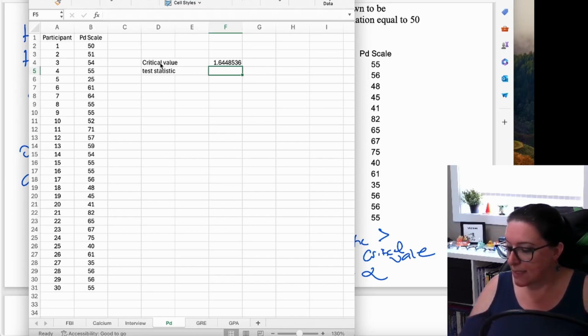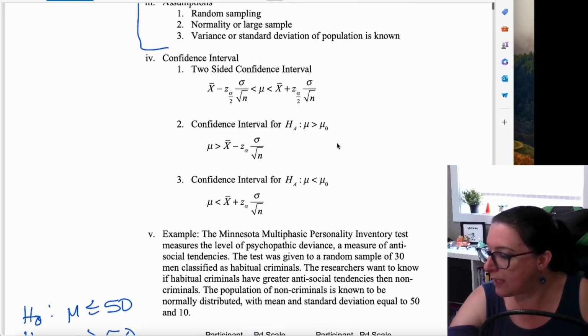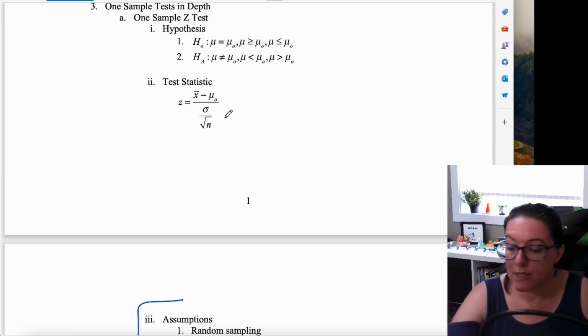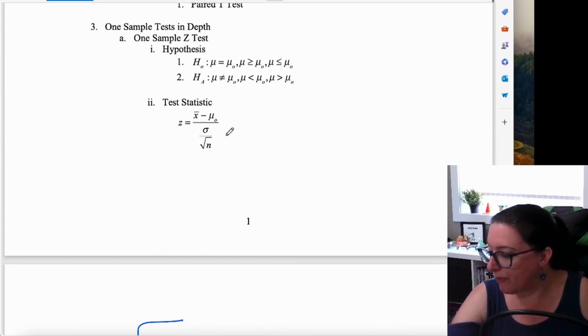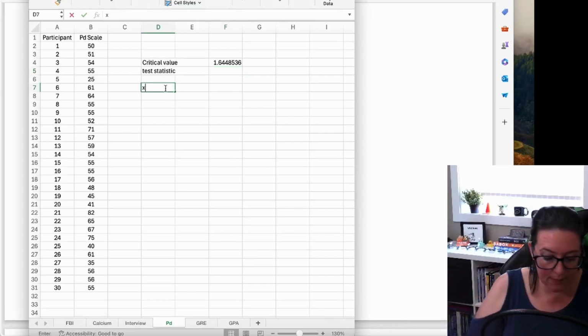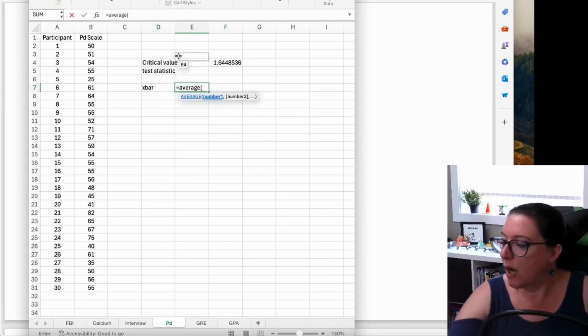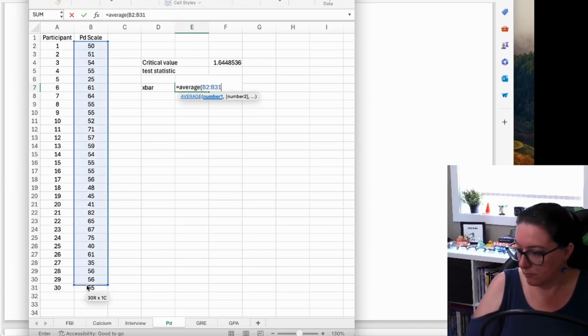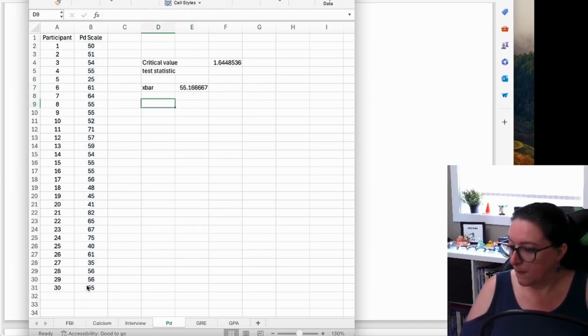To find our test statistic, we are going to need to do this calculation here, x bar minus mu divided by sigma over the square root of n. So let's go back to our data, and we're going to need x bar. Well, x bar is just the average of our data, so equals average. Okay.